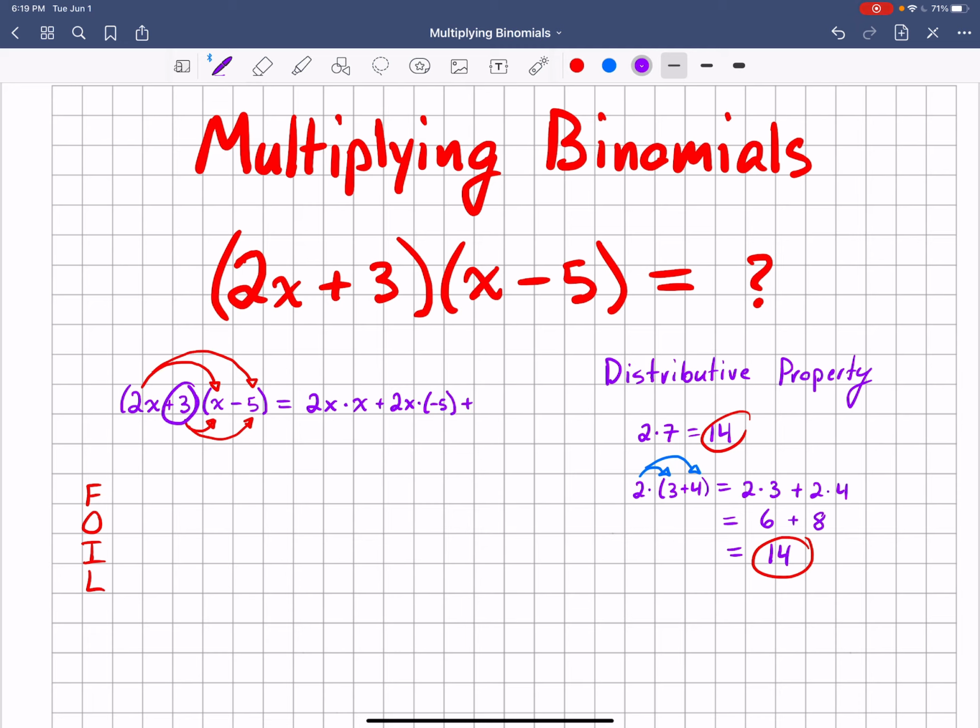Next we have 3 times x. And finally we have 3 times negative 5.